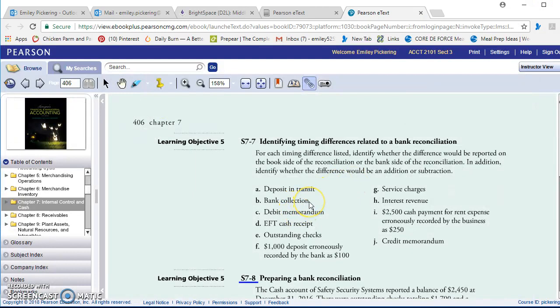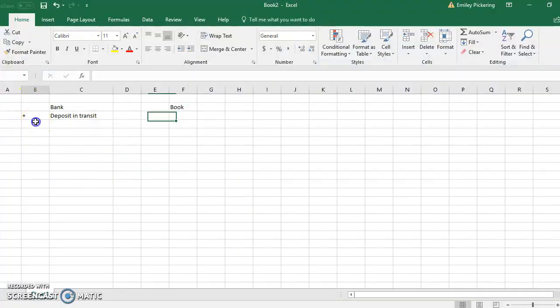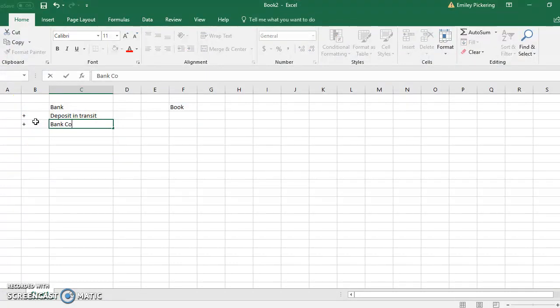So a bank collection means that they are kind enough to take money on your behalf, like an EFT or Venmo or something like that. So let's go ahead and add that over here. So a bank collection.